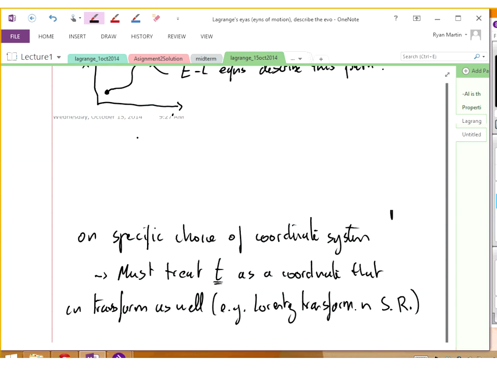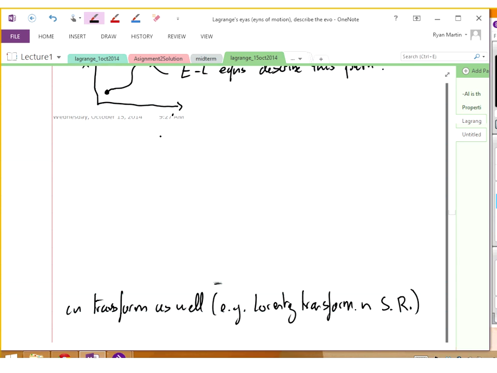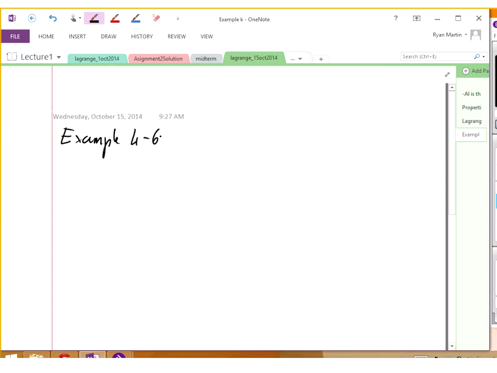So let's do an example of describing a system in two different coordinate systems. Let's describe a particle in a gravitational field.